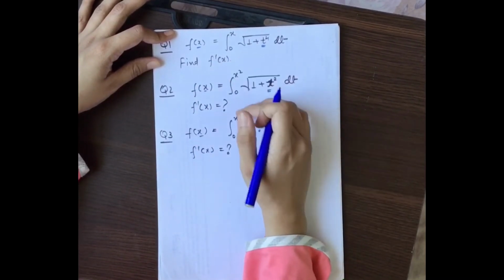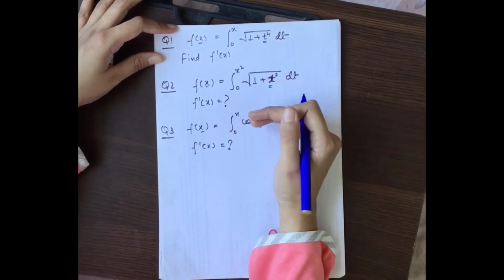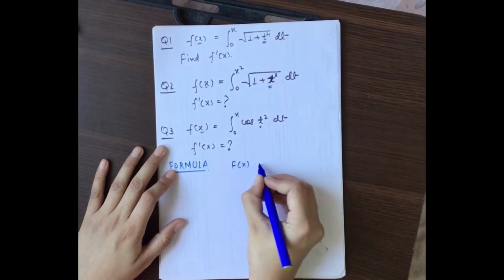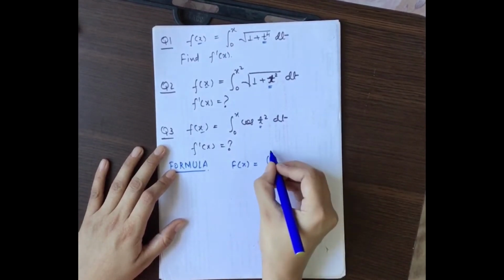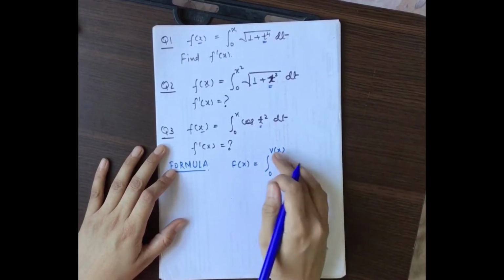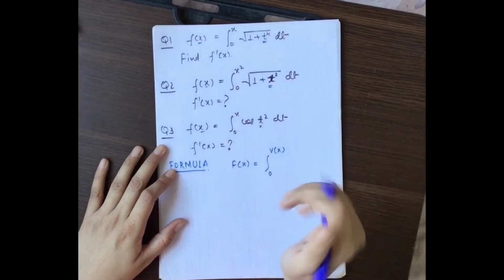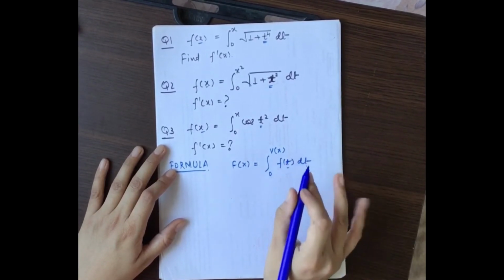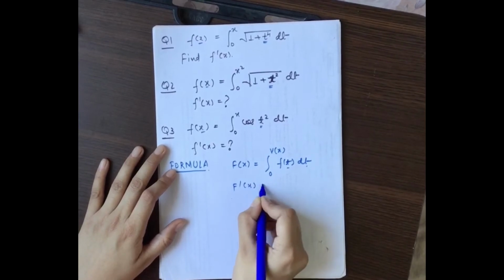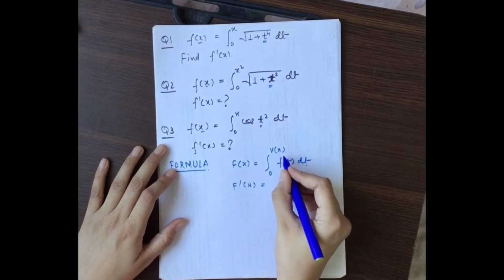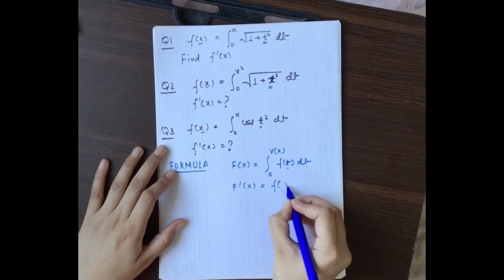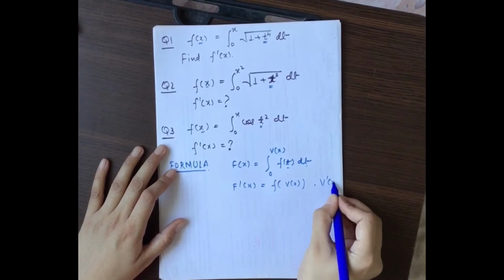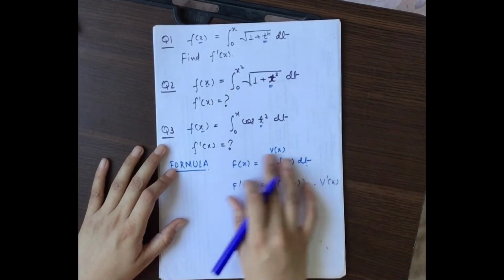For all these types of questions you just need one kind of formula: if f(x) is equal to the integral from 0 to v(x), v(x) meaning a function of x, okay, it can be x or x square or anything, of f(t) dt, then to find f dash x we just need to put v(x) in place of t, that is f of v(x), into v dash x. Okay, so this will be the answer.